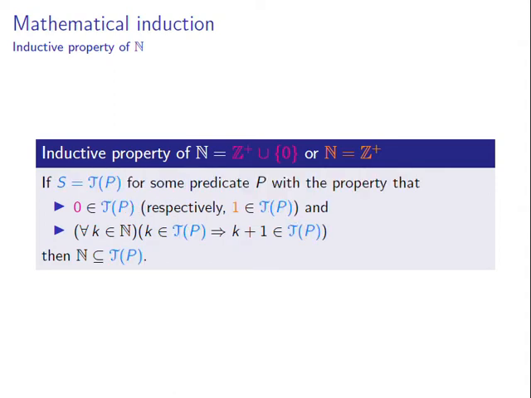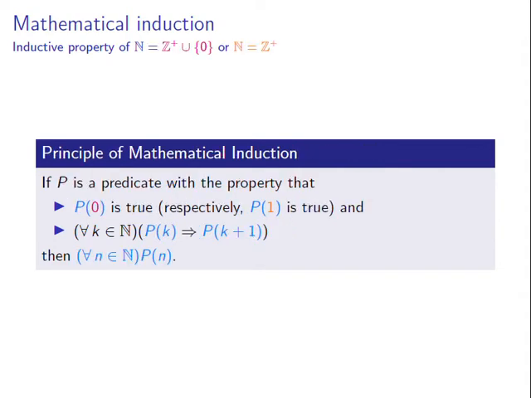Take S to be the truth set of some predicate P. Recall that the statement an object x is in the truth set of P is equivalent to the condition P of x is true. Thus, we can restate the inductive property of ℕ as follows.